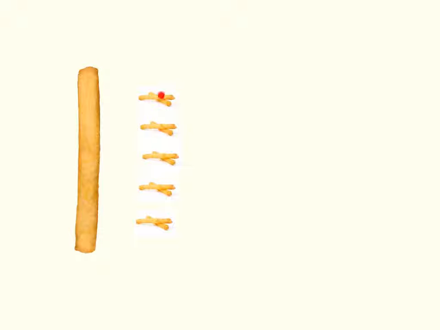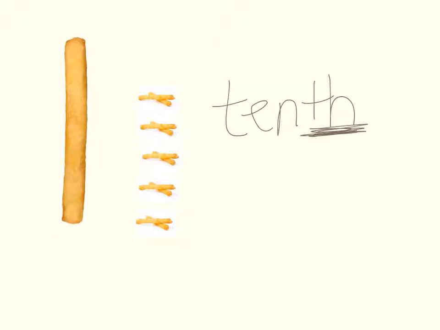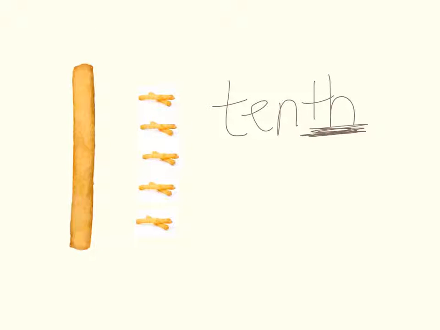And do you remember that each of these tiny little bits of French fries is called a T-E-N-T-H, a tenth, if you've cut it into 10 bits? I'm sure you remember that. Tenth, with a th at the end. Say that, th. But what if, let's just say what if, I had cut this French fry not into 10 pieces, but into 100 itty-bitty pieces?